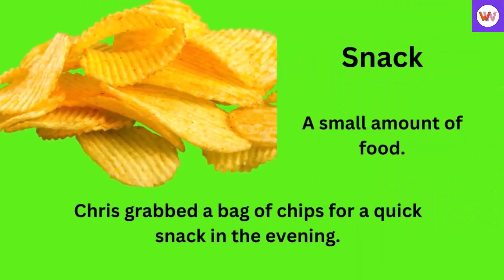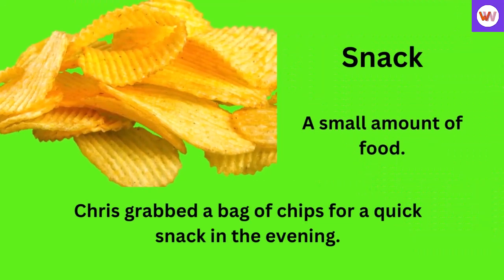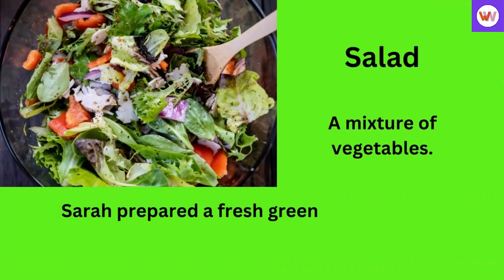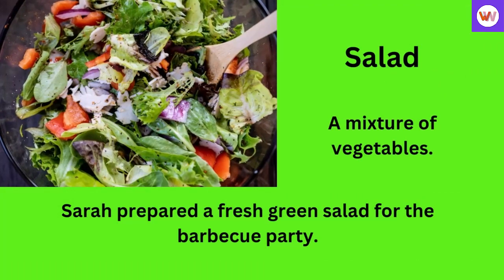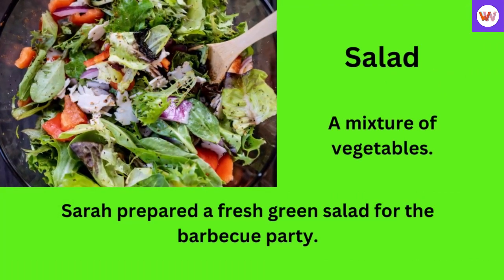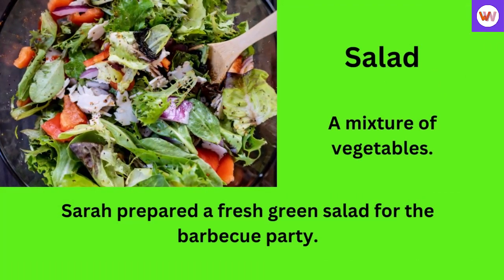Snack. A small amount of food. Chris grabbed a bag of chips for a quick snack in the evening. Salad. A mixture of vegetables. Sarah prepared a fresh green salad for the barbecue party.